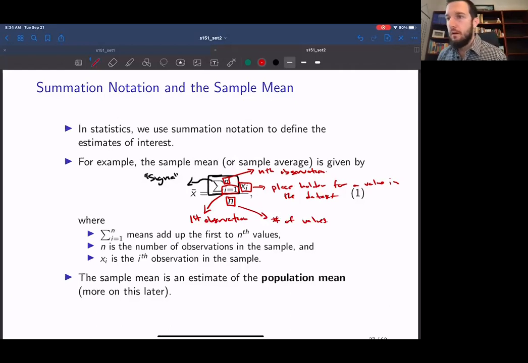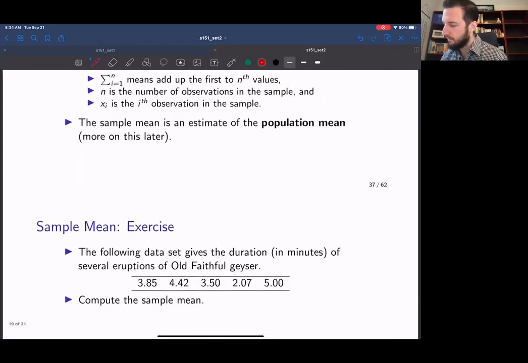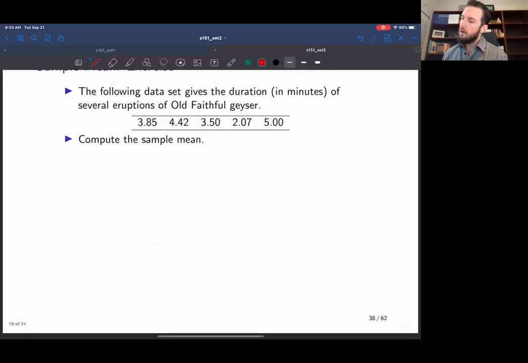Okay, so I'm going to show you what this means through example now, because typically just explanation like this doesn't really help with understanding of what this thing is actually telling you. So this is how it actually works. We have this data set that has 5 values in it. Okay, so we have 3.85, 4.42, 3.50, 2.07, 5.0. We want to compute the sample mean.